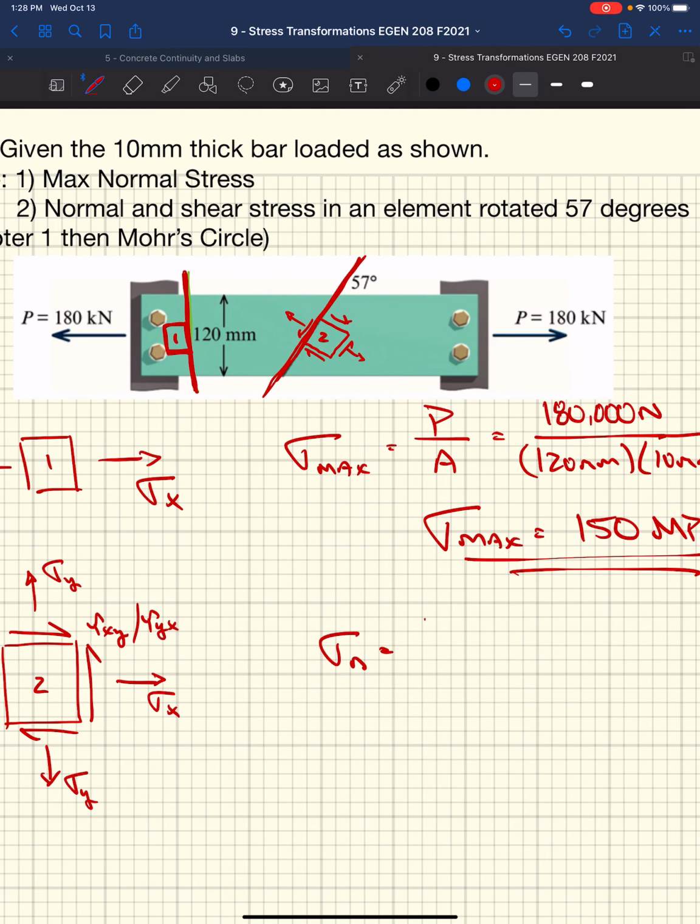That said the normal stress was P over 2 times the area times 1 plus the cosine of 2 theta.